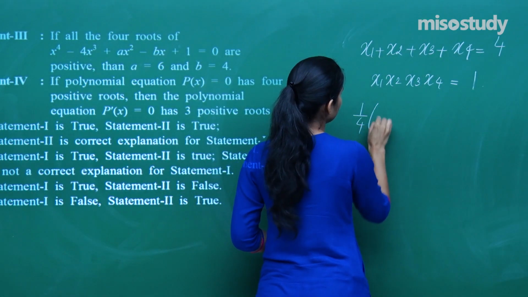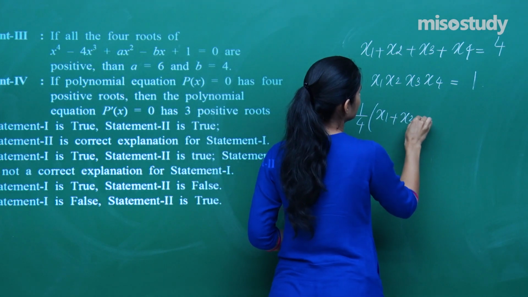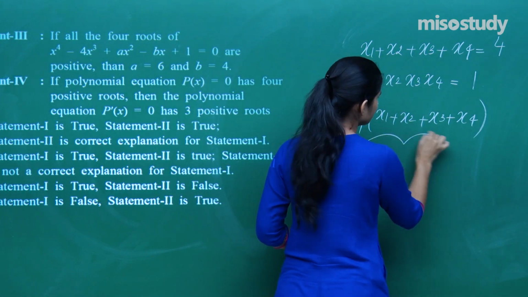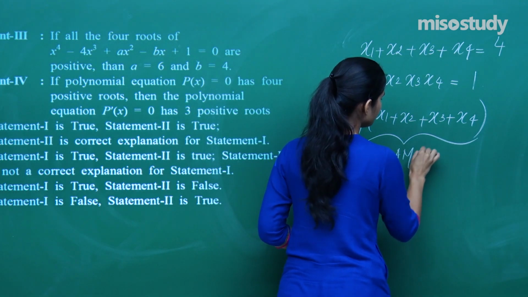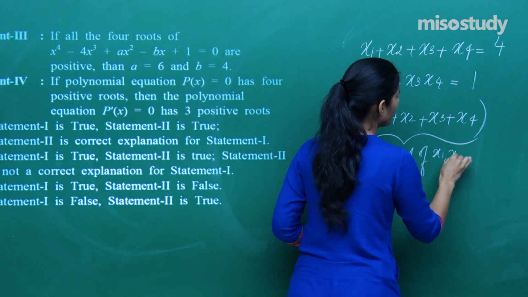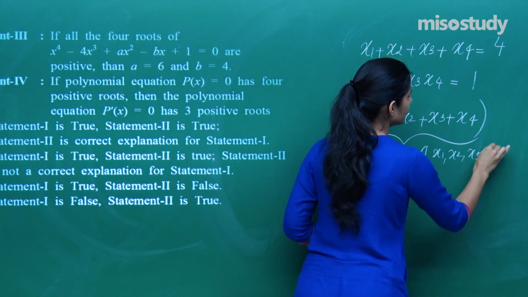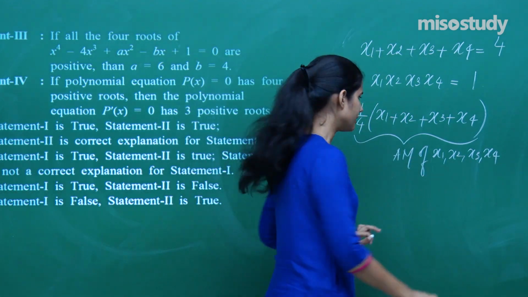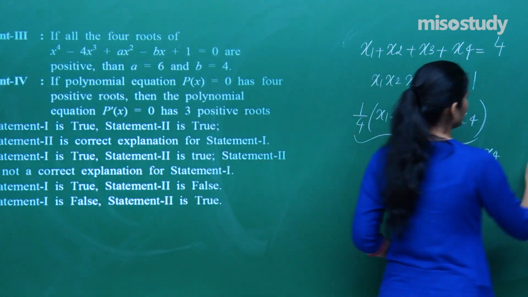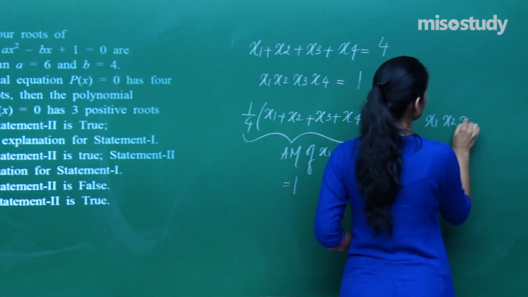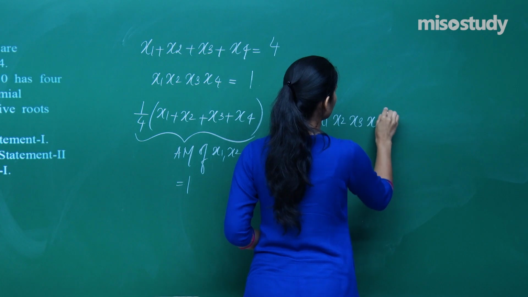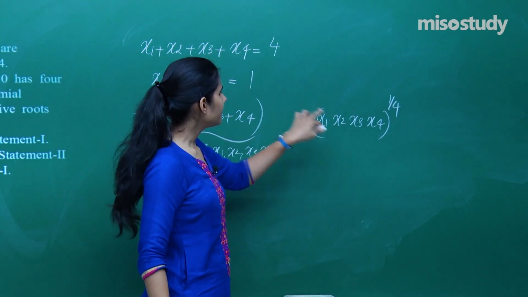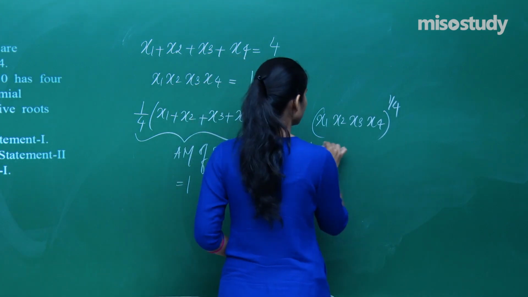So I can say 1 upon 4 times x1 plus x2 plus x3 plus x4. What is this? This is the arithmetic mean of the 4 positive numbers. What is this? This is 4. So 1 by 4 into 4 is 1. And if I talk about x1 into x2 into x3 into x4 to the power 1 by 4, this product is actually 1. 1 to the power 1 by 4 is 1.